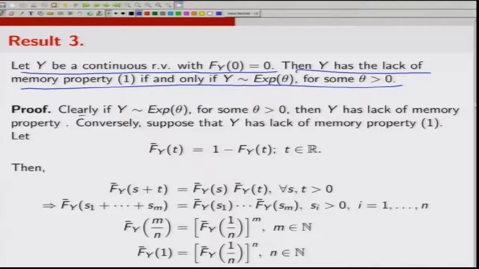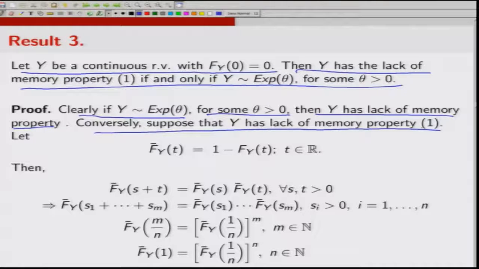We know that if Y is exponential theta for some theta greater than 0, then Y certainly has the lack of memory property. Now, it is the converse which we have to prove. That means if a random variable has the lack of memory property, then it has to be exponential. So conversely, suppose that Y has the lack of memory property. Note that the assumption is that Y is continuous and F_Y(0) is 0. So that is a part of the assumption.